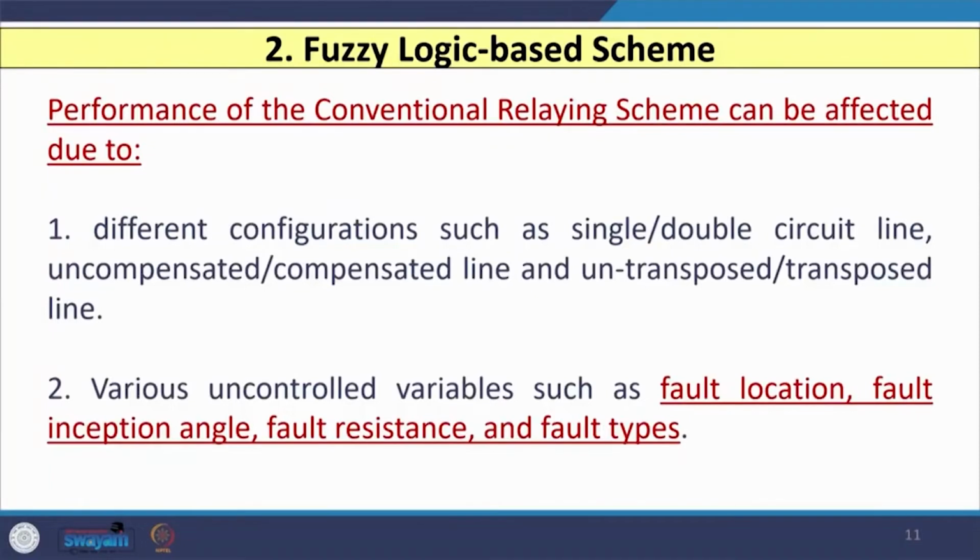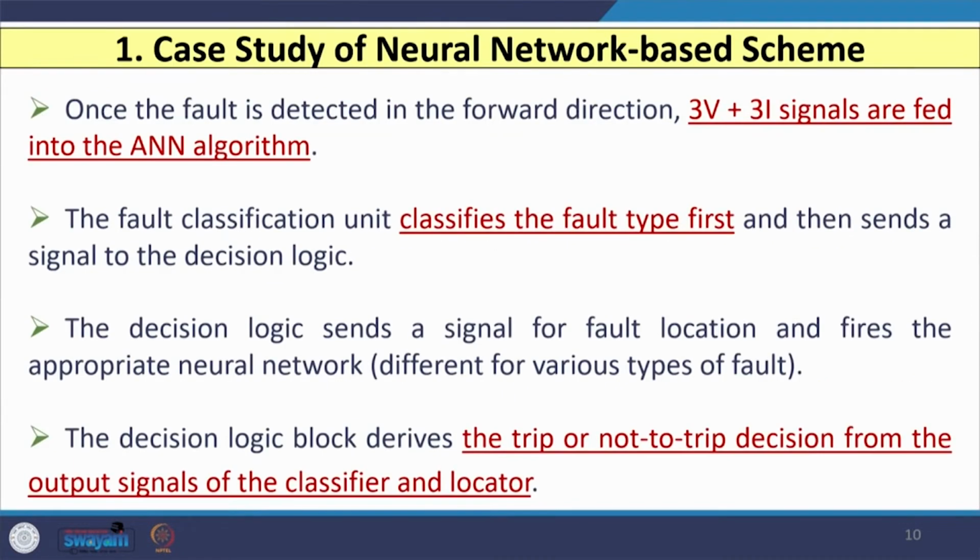Once the fault is detected, the performance of this classifier block can be assessed by generating some unseen patterns or events, and based on that the accuracy of the classifier can be obtained. The decision logic block sends a signal to the fault locator and activates the appropriate neural network, as I told you, which is different for different types of fault.